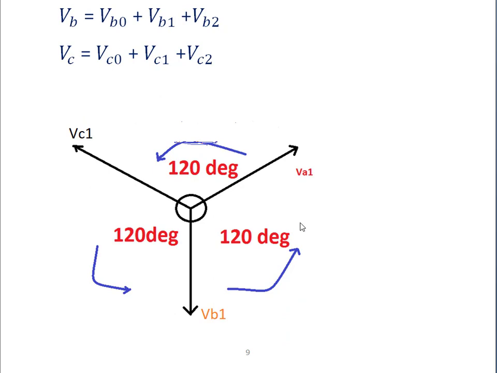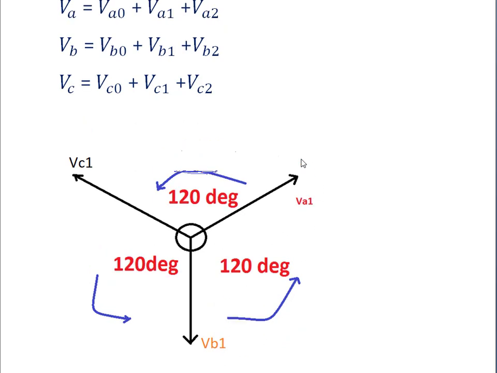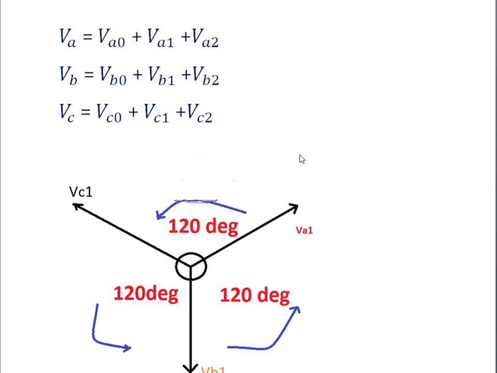Let us see. We assume that the phase sequence of the unbalanced system is ABC, and we have the positive phase sequence voltages, that is VA1, VB1, VC1, and they are rotating in the anti-clockwise direction.